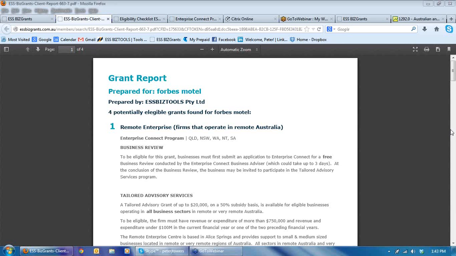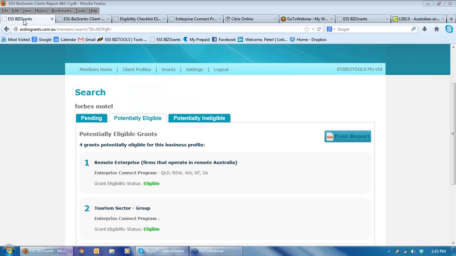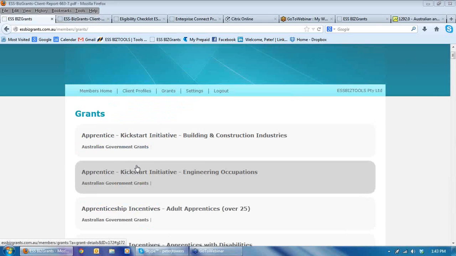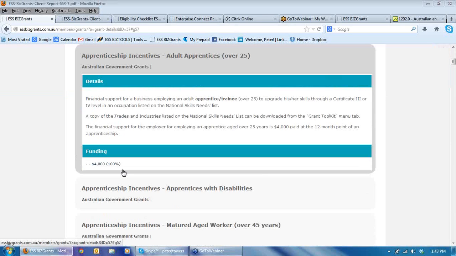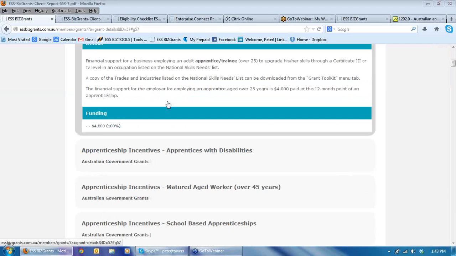The grants are all listed within the system, so I'm just trying to go back to that. If you go to grants, you can go through and read something on each of the grants, but it doesn't give the full details.